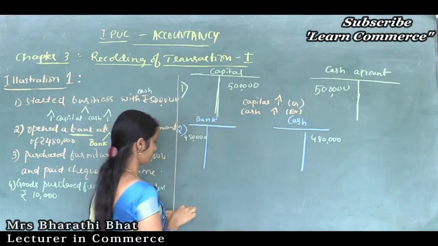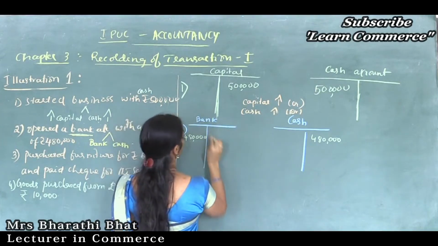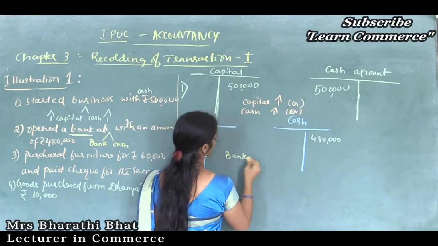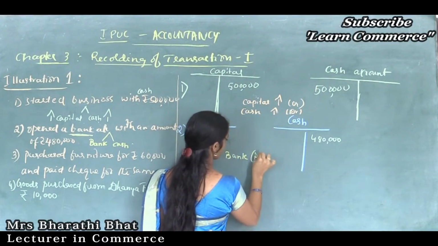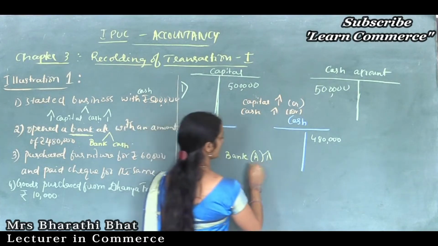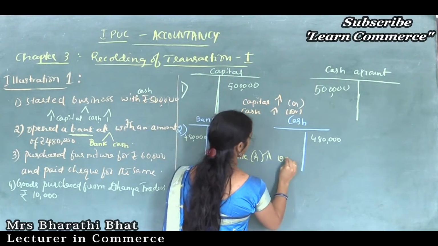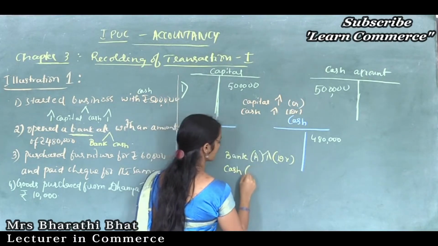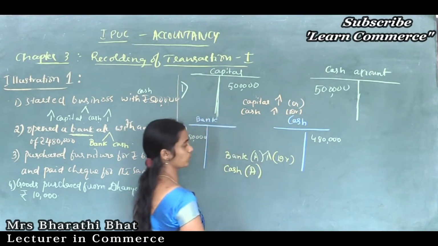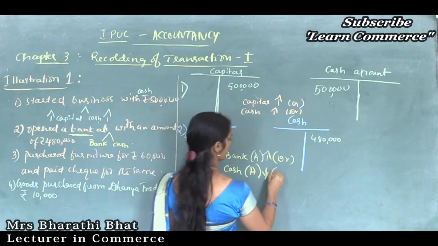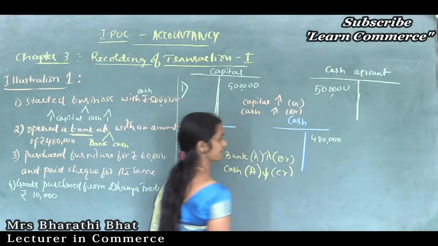Here also, bank is considered as an asset, so increase in asset is to be debited. Another one, cash is considered as an asset only, so decrease in asset is to be credited.